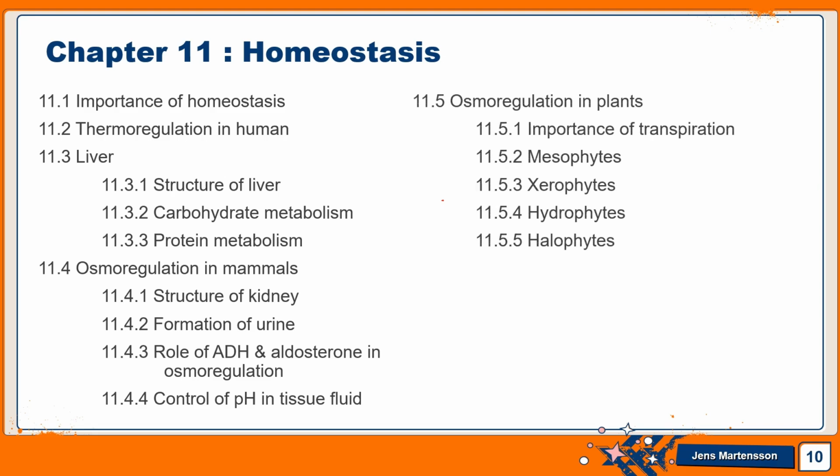Okay, so that's all for blood for animals. Then you also have to learn about plants. So the first topic is about the importance of transpiration. This topic should be in chapter 2, transport, but I don't know, the MPM put this topic in this chapter, because transpiration is also one of the types of homeostasis in plants.